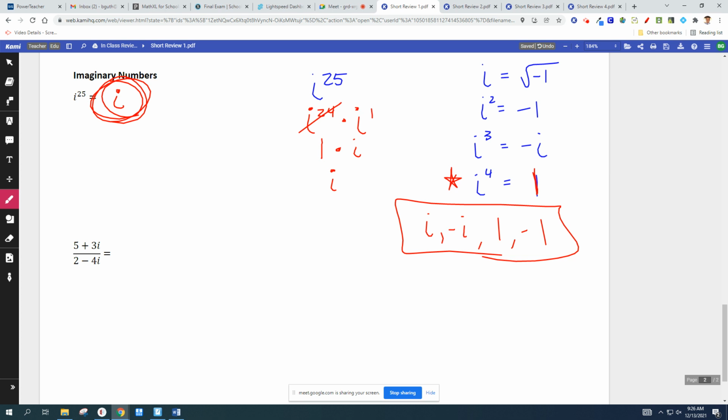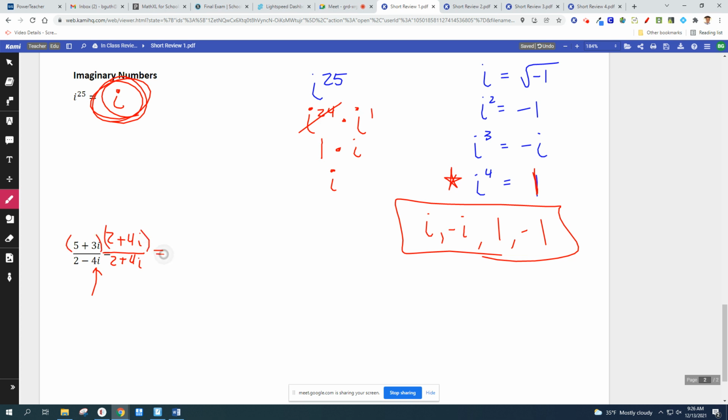Next one, I know people struggle with this one. It's kind of tough. We don't want an i on the bottom, so how we deal with that is we multiply by the complex conjugate, 2 plus 4i. Whatever you have on the bottom, just kind of copy it, but change the sign. So we're multiplying by 1, but a special form of 1, 2 plus 4i over 2 plus 4i. There's going to be a lot of distributive property here.